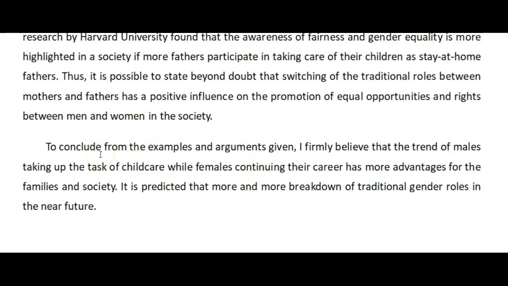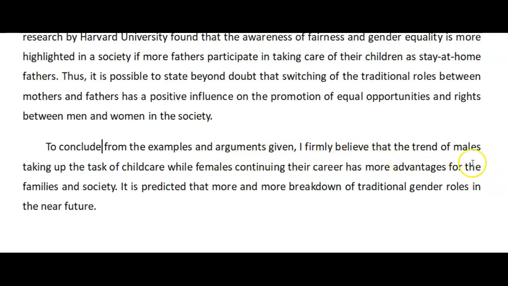To conclude from the examples and arguments given, I firmly believe that the trend of males taking up the task of childcare while women, no, there doesn't say women anywhere, while females continuing their, no, one more time. I firmly believe that the trend of males taking up the task of childcare while females continue their career has more advantages for the families.